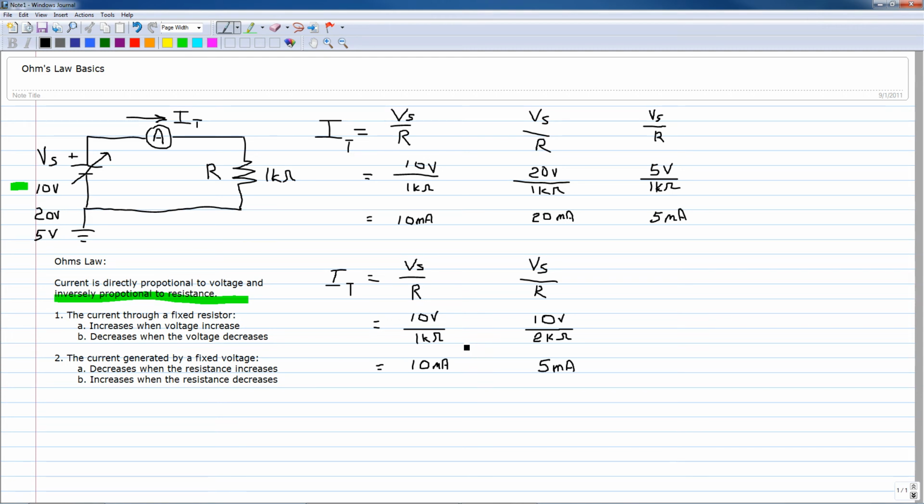Okay, let's try that again, but go the other way with the resistance. Here is the same formula again. We will keep the voltage the same; it remains at 10 volts. But now we will reduce the resistance to, say, 500 ohms.